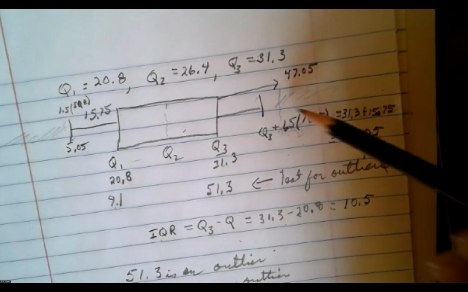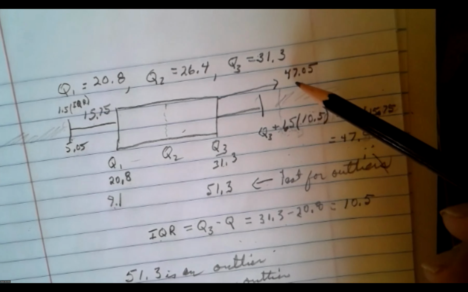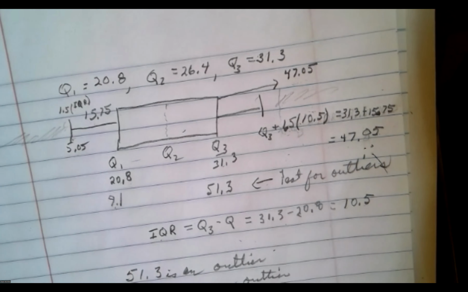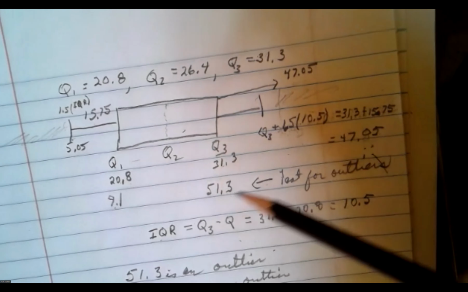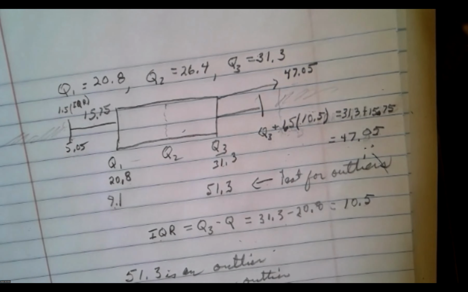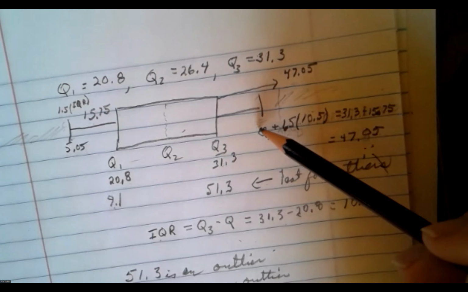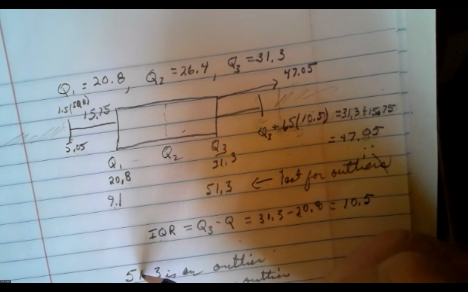And if any value from your raw data set is larger than 47.05, it's considered an outlier. And it happens to be that 51.3 is an outlier. Now, 51.3 cannot represent the maximum here, because the maximum cannot be an outlier.